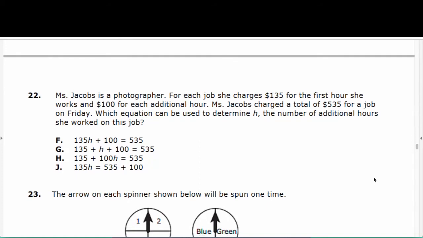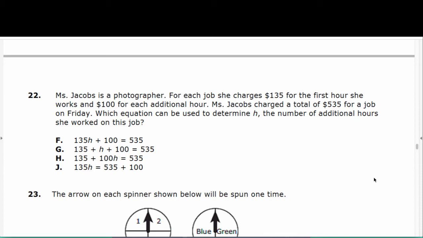Question 22. Miss Jacobs is a photographer. For each job, she charges $135 for the first hour she works and $100 for each additional hour. Miss Jacobs charged a total of $535 for a job on Friday. Which equation can be used to determine H, the number of additional hours she worked on this job?